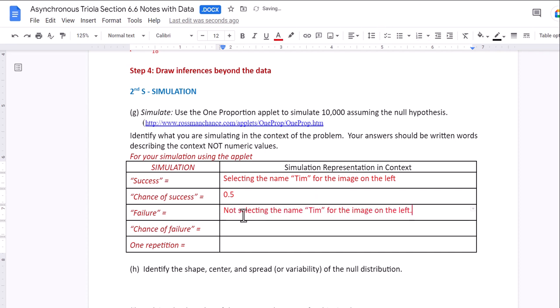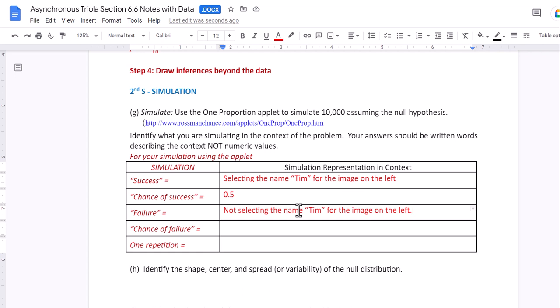And the reason that I'm going for the complement is because what if instead there were 3 pictures and I asked you to select the name for the image in the middle? Then there will be 1 out of 3, right? And so success will be selecting the name Tim for the image in the middle. But then how do you say the failure? So the failure, instead of saying selecting the name Bob, or if there were 3 pictures, a 3rd name, we will just say not selecting the name Tim for the image in the middle.